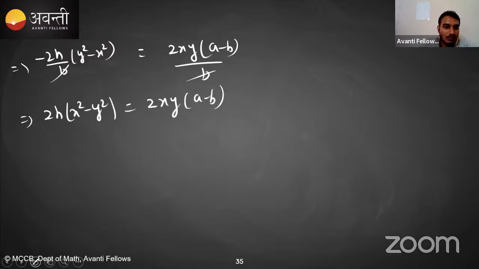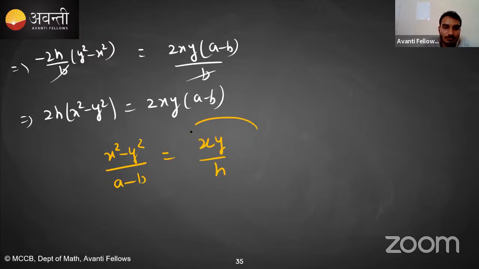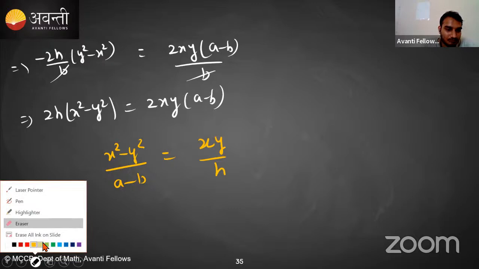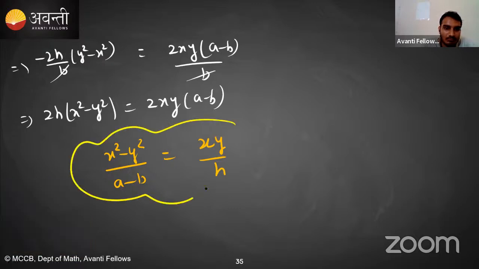So this is the equation of angle bisector, the combined equation. How to write it? (x square minus y square) upon (a minus b) is equal to xy upon h. This is the combined equation of angle bisector. Clear?